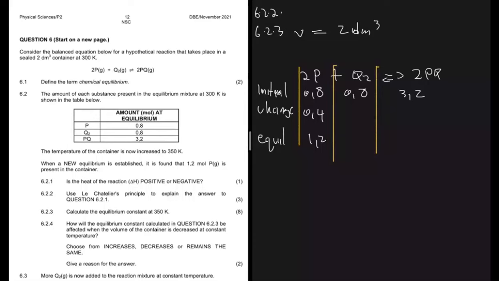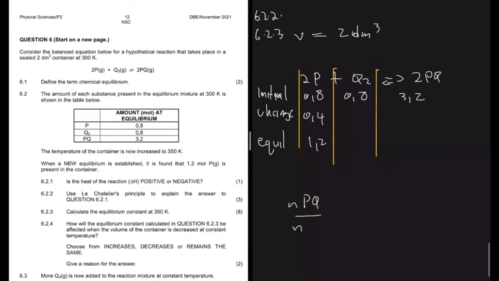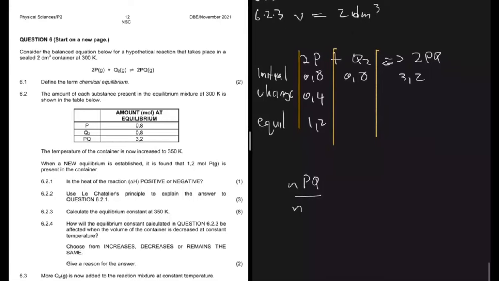So we can see that for P and Q, it is a 2:1 relationship. So let me just write that. So we have the number of moles of P, right? If we divide them by the number of moles of Q2, the balancing coefficients will be 2 divided by 1. So if you wanna find the change for Q, you divide the change for P by 2.